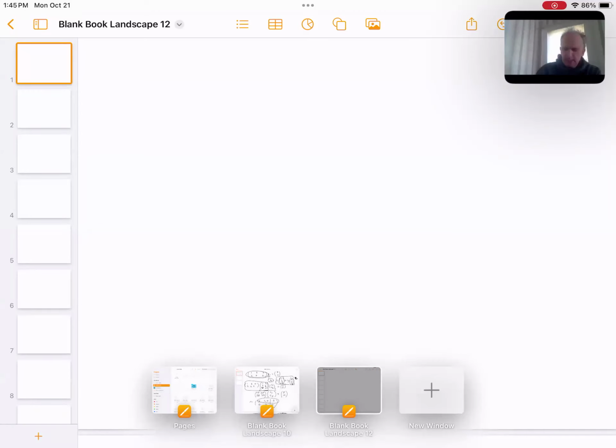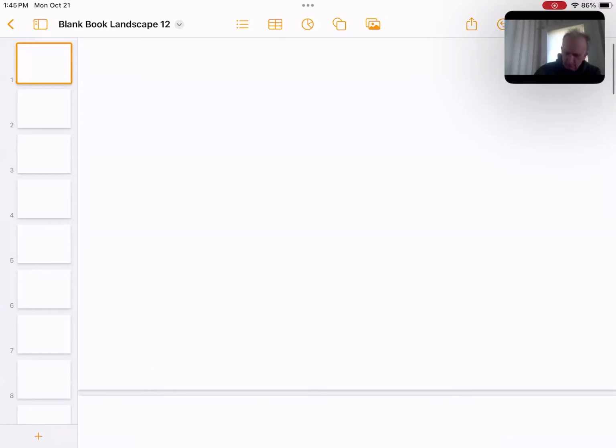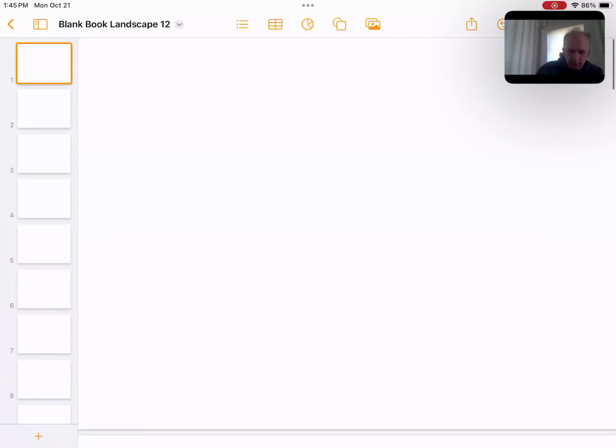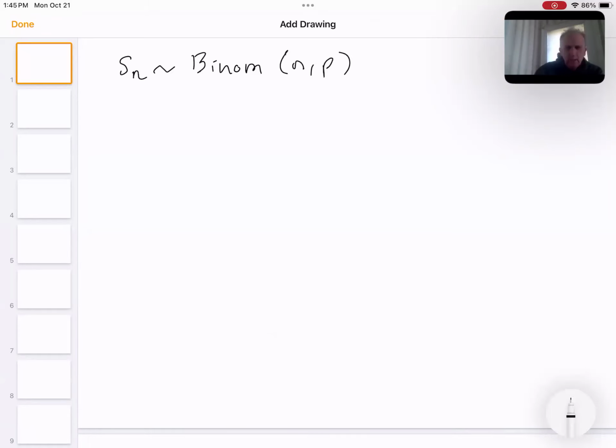All right. So I just wanted to make sure this part was clear. So we take Sn, say that's binomial n, p. And then what they call standardize: subtract its expected value and divide by the standard deviation, the square root of the variance.